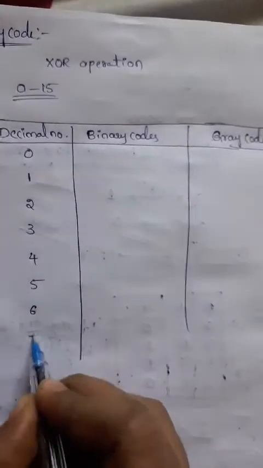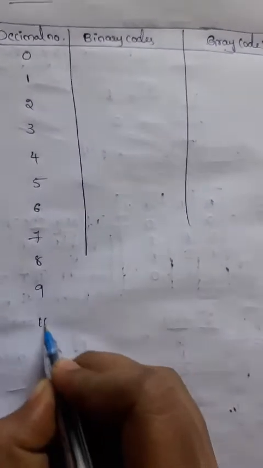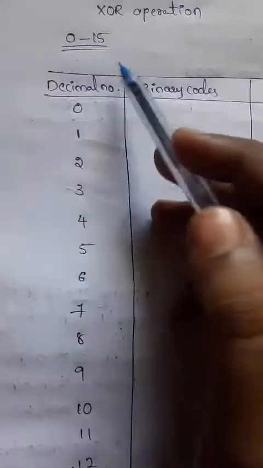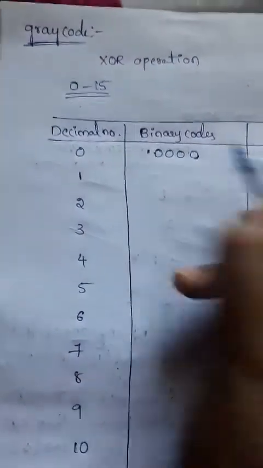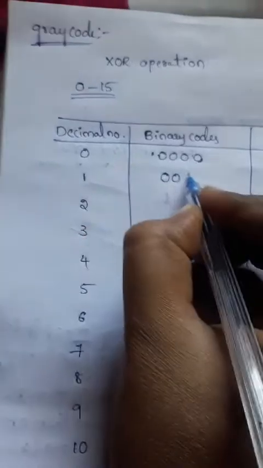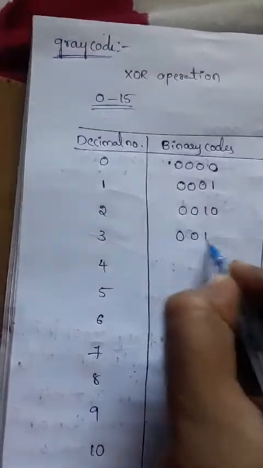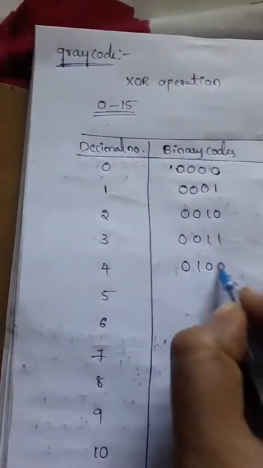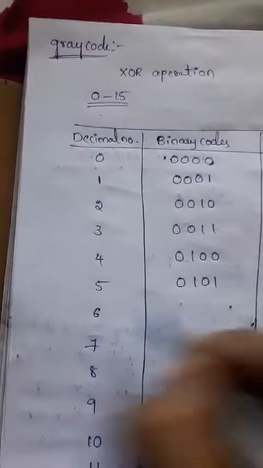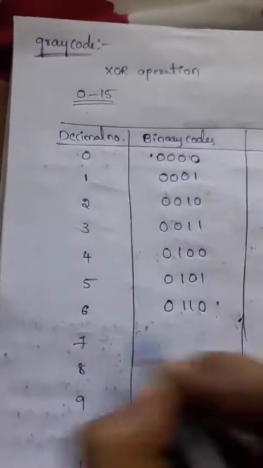Then 6, 7, 8, 9, 10, 11, 12, 13, 14, and 15. We already know how to write decimal numbers from 0 to 15 as 4-bit binary code: 0 is 0000, 1 is 0001, 2 is 0010, 3 is 0011, 4 is 0100, 5 is 0101, 6 is 0110, and 7 is 0111.